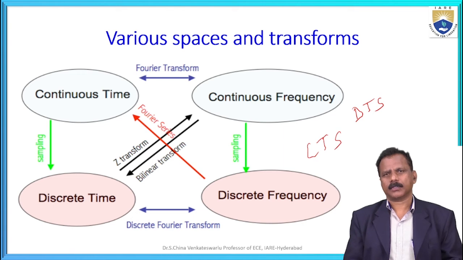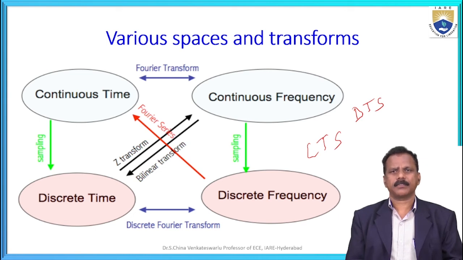Sometimes we require discrete time to discrete frequency. Discrete time to discrete frequency, we require the discrete Fourier transform, DFT. Or sometimes we require discrete frequency to discrete time; then also we require DFT.